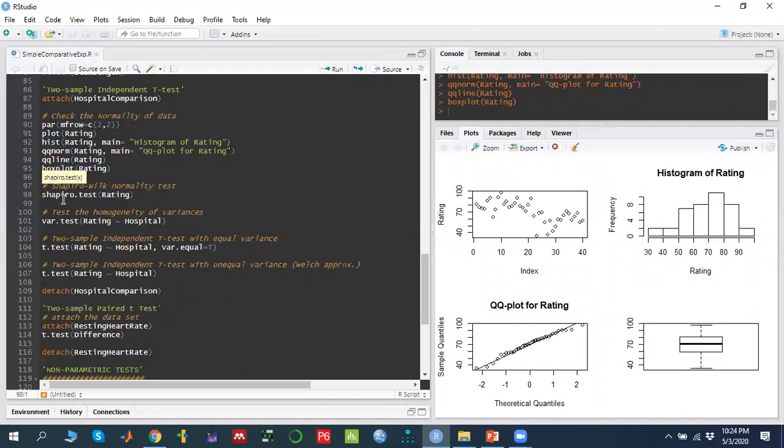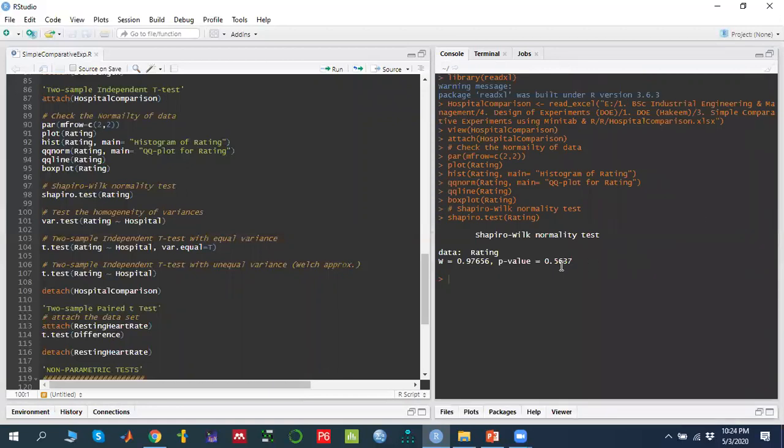So we can apply this particular test on the variable called rating, which is a numerical variable. If I run this test, I can see the result that the p-value is 0.56. That is indicating accept H0.